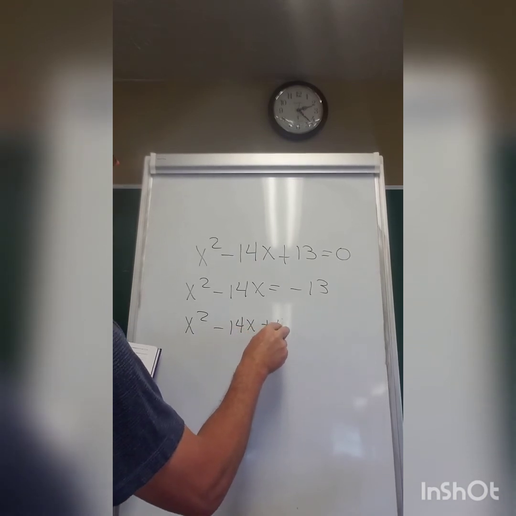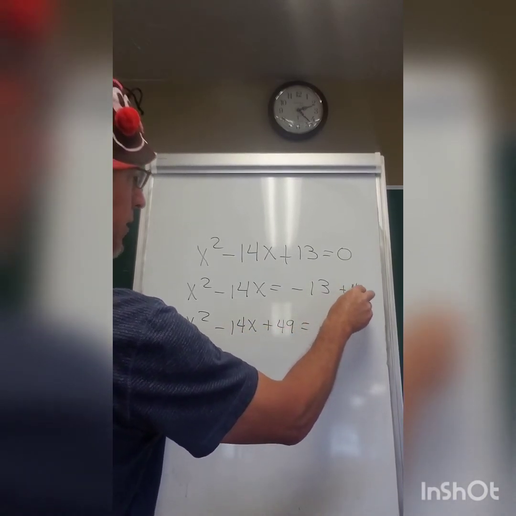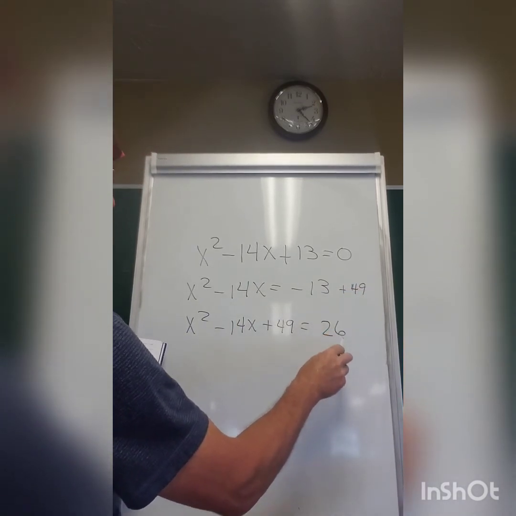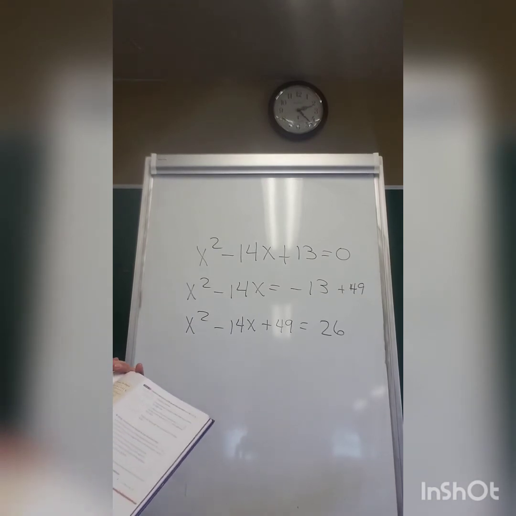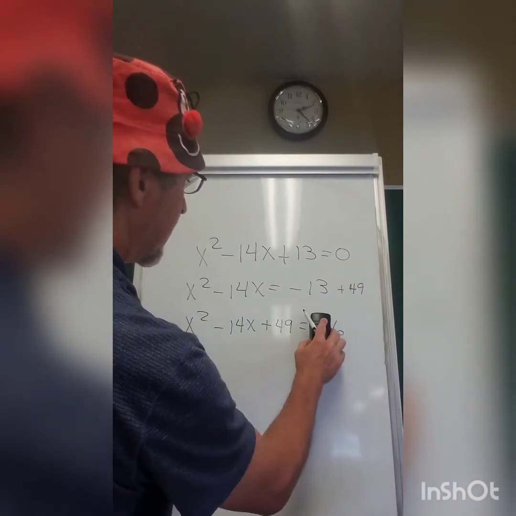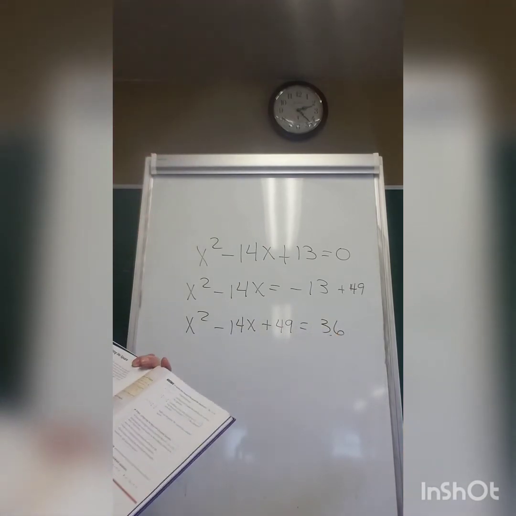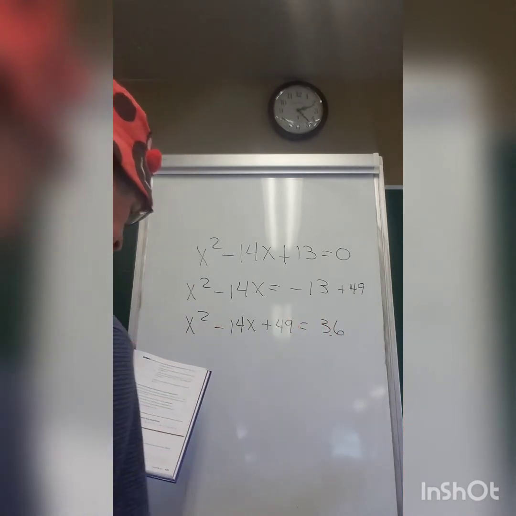So you have plus 49. Over here, what's 13 plus 49? Is 26. So your answer for number 2, no, I'm sorry, did I do that wrong? I think I did. 36, there we go, would be this answer right here.